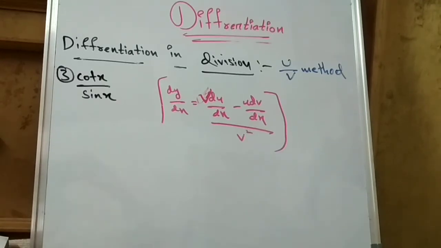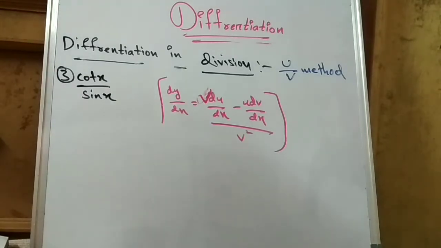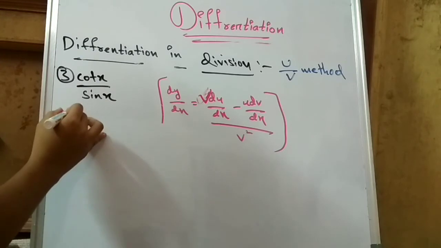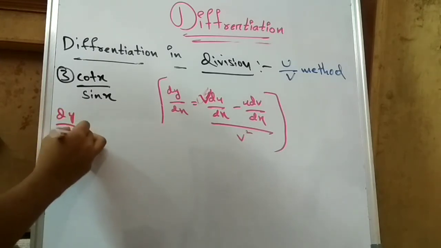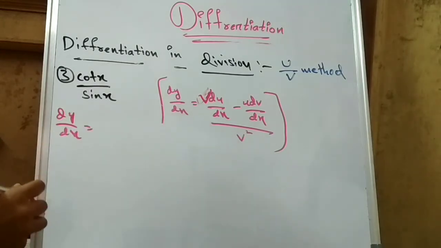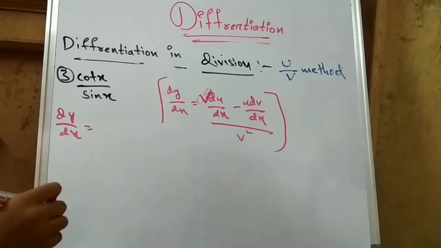This is simple. Okay. Cot x by sin x. So dy by dx will equal to cot x. We have learned cot x means minus cosec x square.